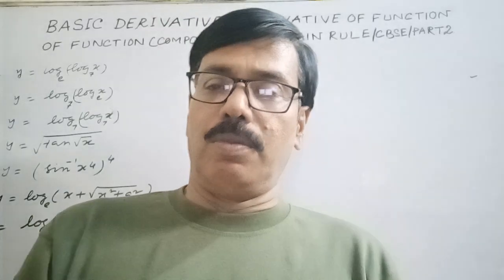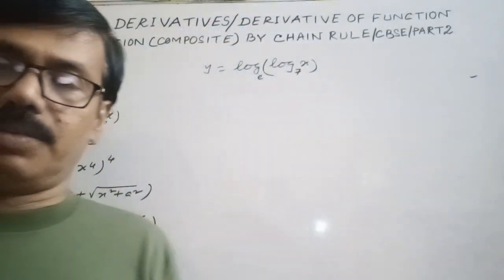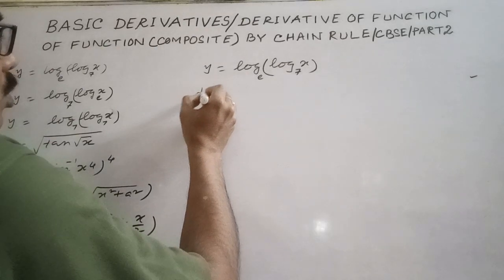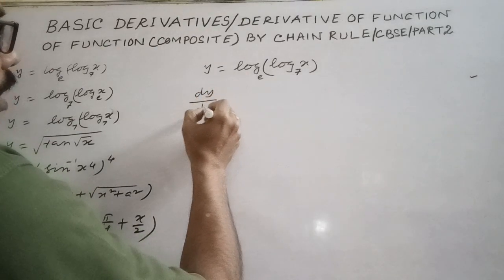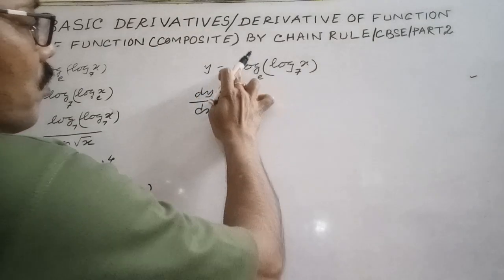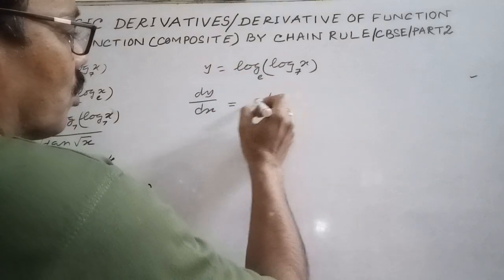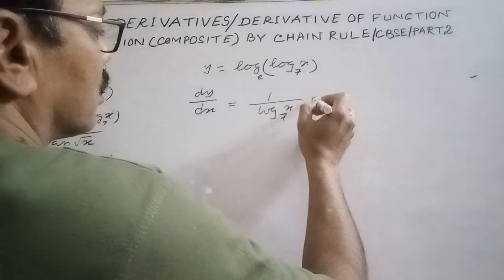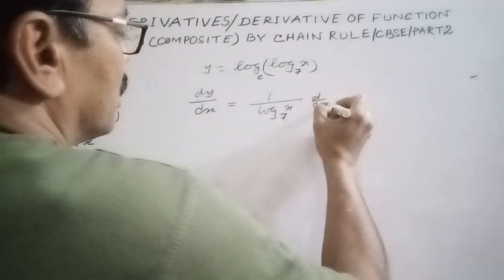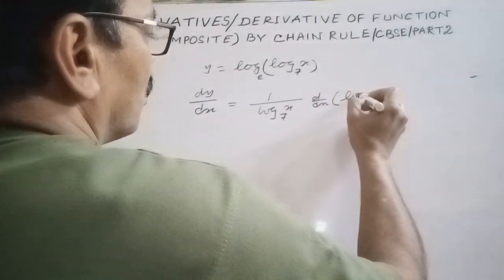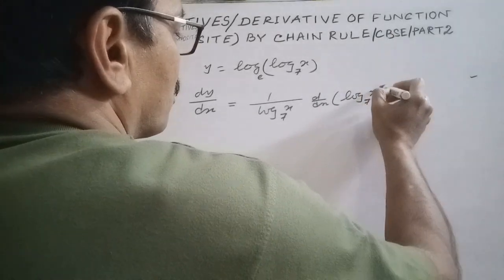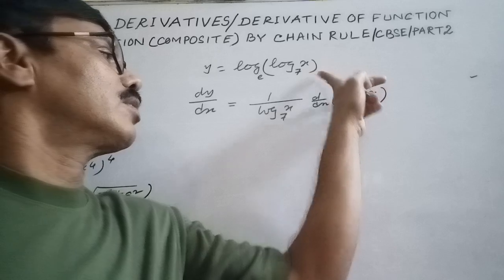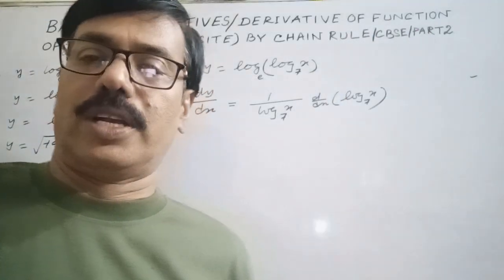You know derivative of log x is 1 by x if it is base e. So we use shortcut dy by dx. Main function is log. So 1 by log x base 7 into d/dx of log x base 7. So what is x? x is this one, then d/dx of log x.